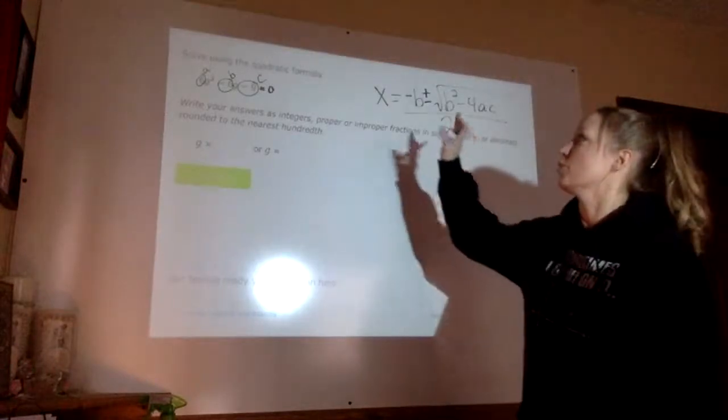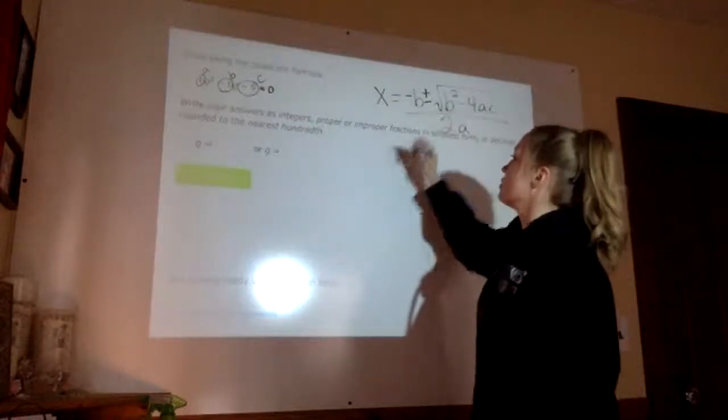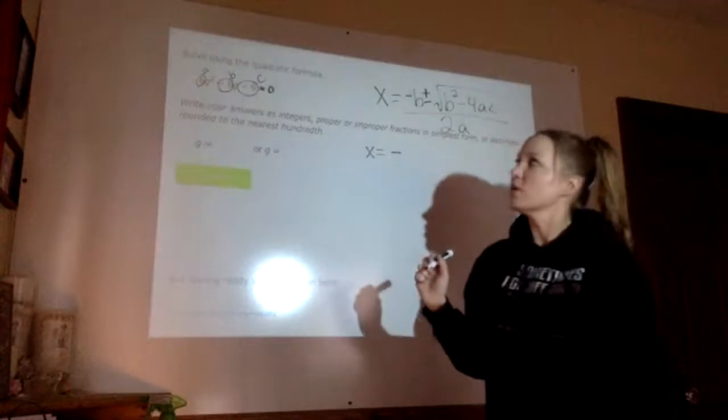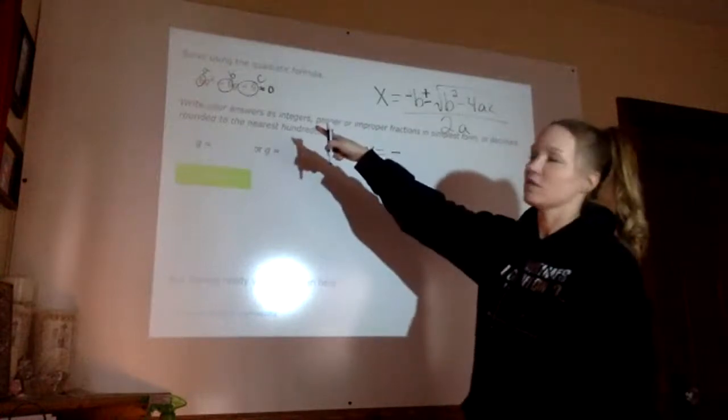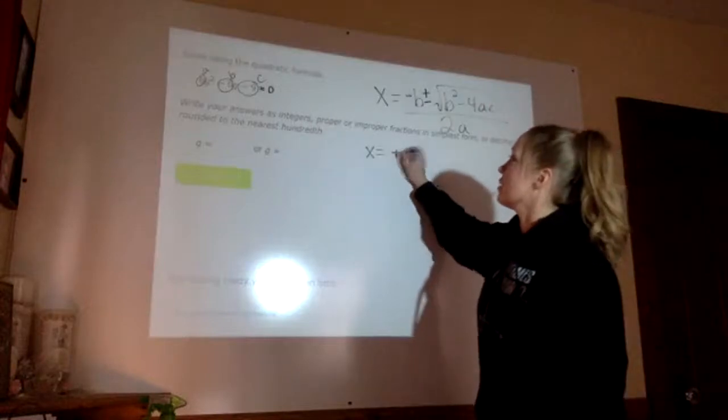Now I'm going to plug in the appropriate numbers for the variables. So I've got x equals negative b. Well, b is negative 6. So if my b is negative already, it makes it a positive.